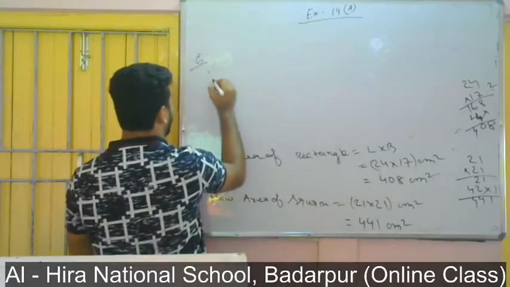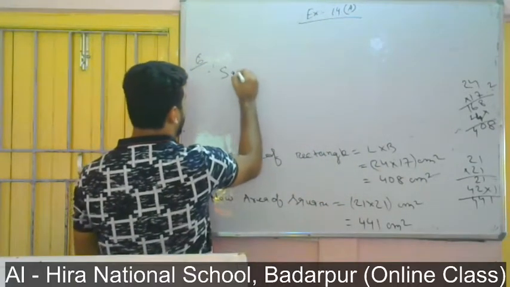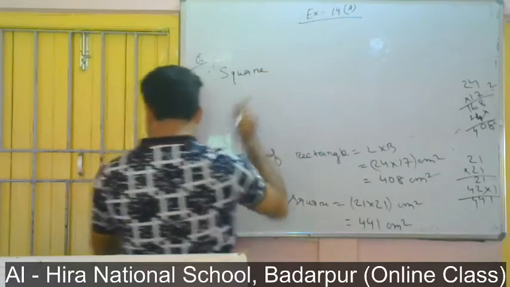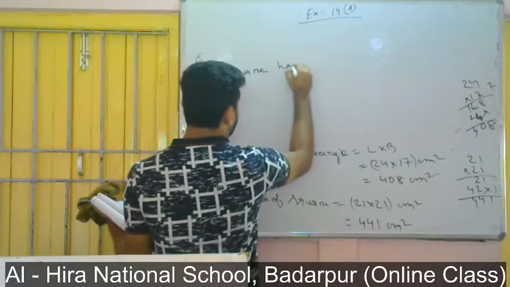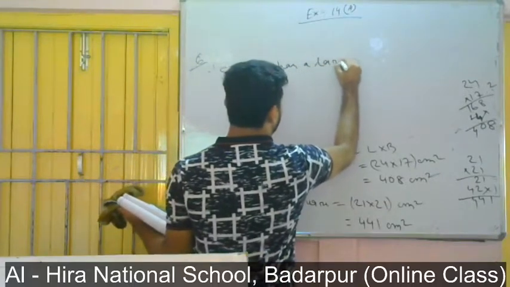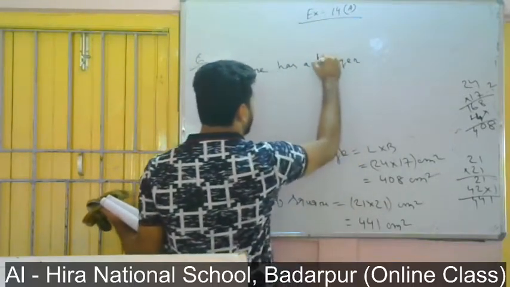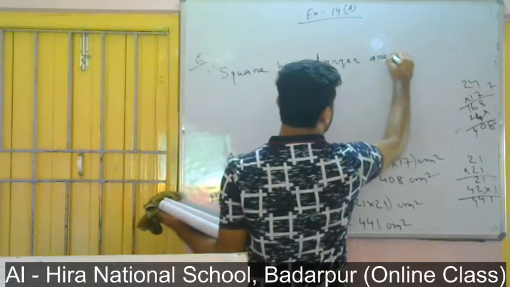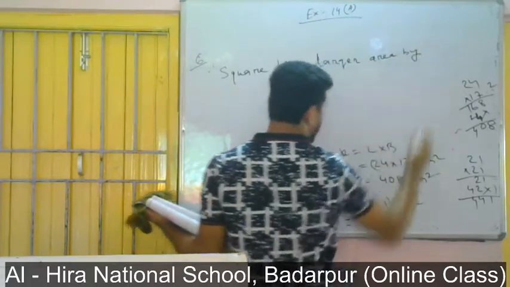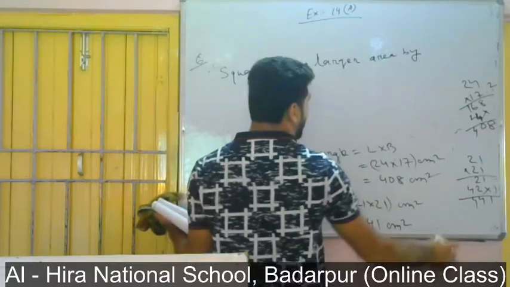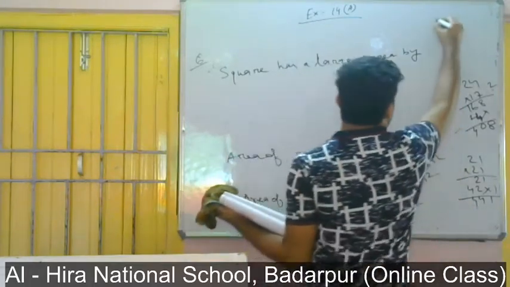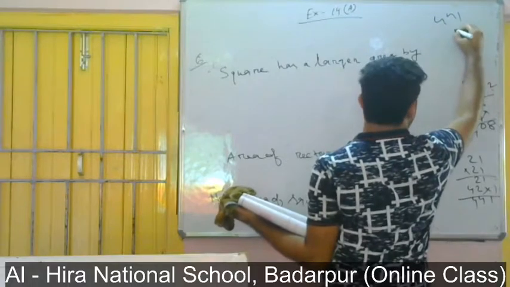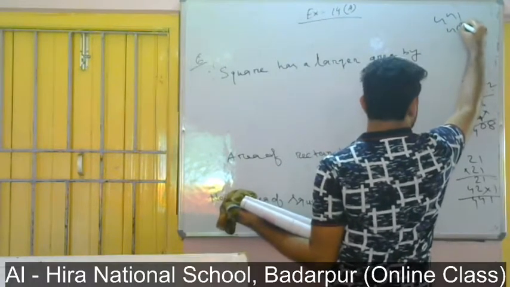Okay. So write the answer. Right. Therefore square has a larger area by, if you subtract 441 and 408.